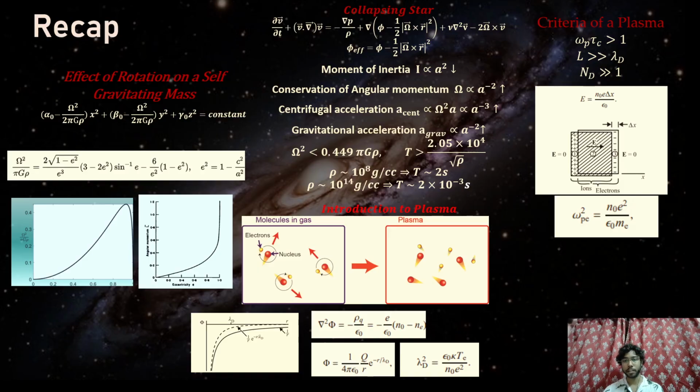So that is the characteristic distance that defines the length of the shielding, that is called the Debye length, right?